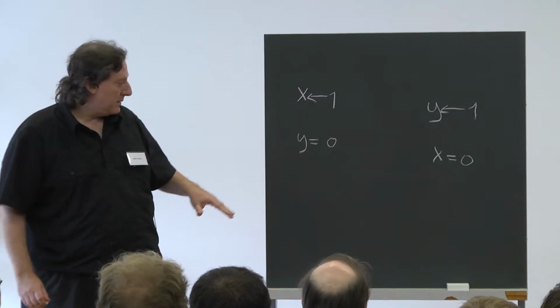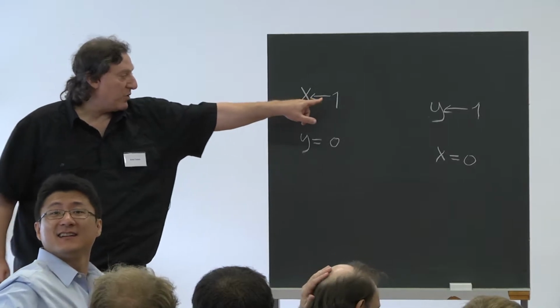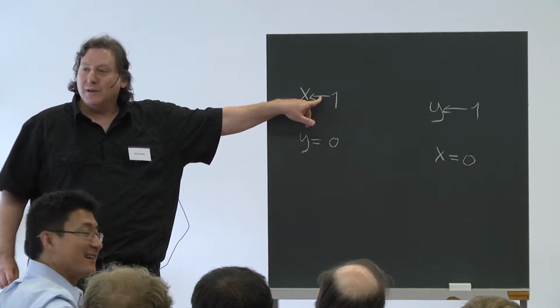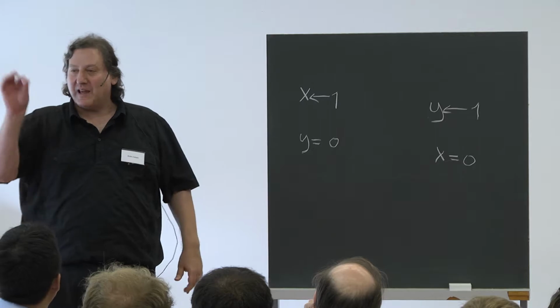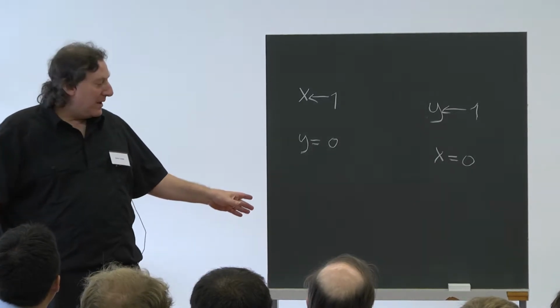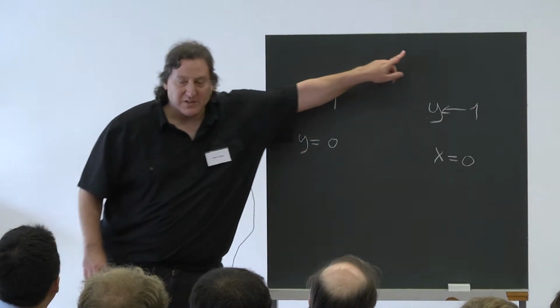Everyone understand the program? These are assignments. I'm just using an arrow because colon equals looks a lot like equal on a blackboard. So here's one thread, here's the other thread.